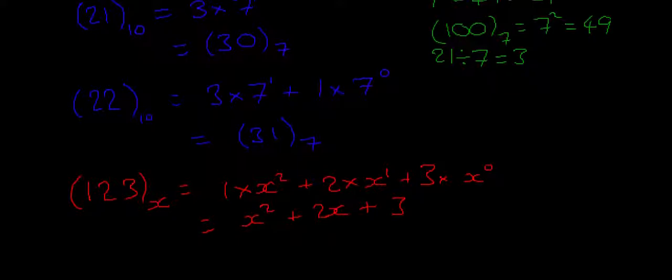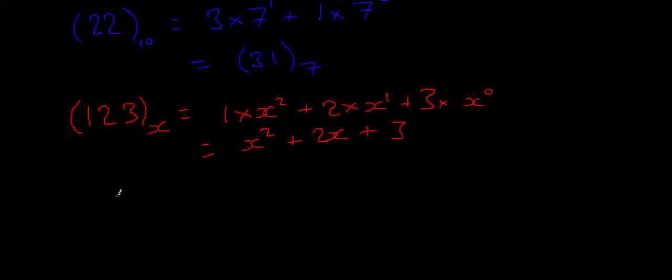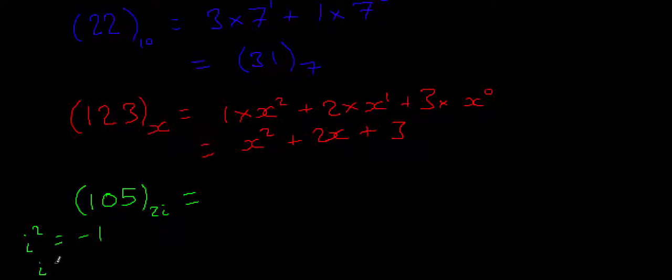One last example, which is maybe interesting: let's say we have the number 105 in base 2i, okay? This is where i squared is equal to minus 1, so i is the square root of minus 1. What's this equal to? Again, we can do the same thing.